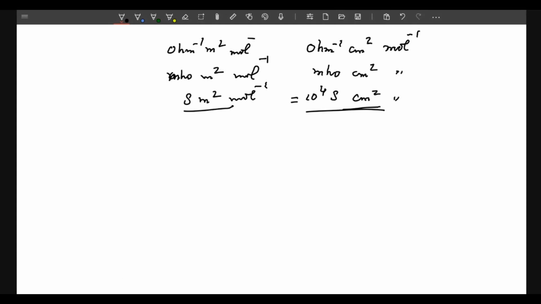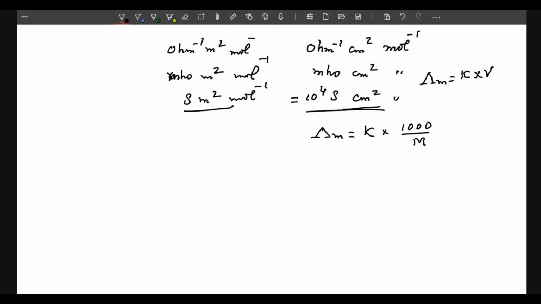Next, what is the relationship between the molar conductance and kappa? It is the same as we have seen in the equivalent conductance, into 1000 by the normality; here we write it as the molarity. Lambda M is equal to kappa into V, where V is the volume of the solution containing 1 mole of the electrolyte.